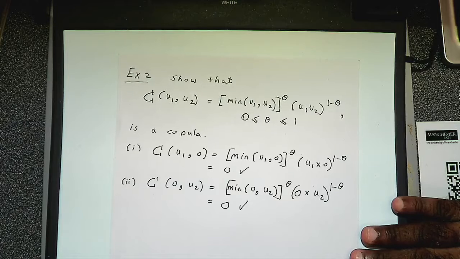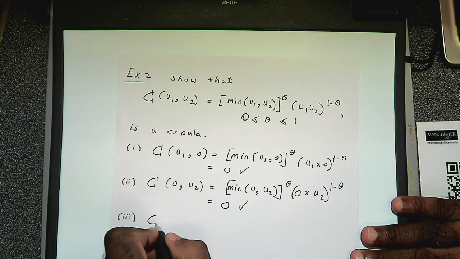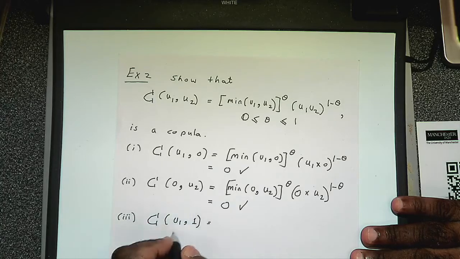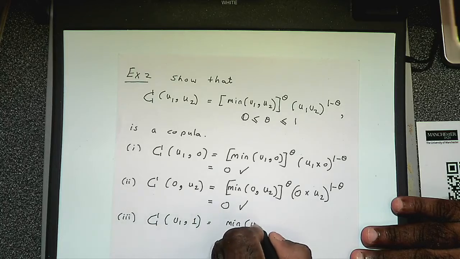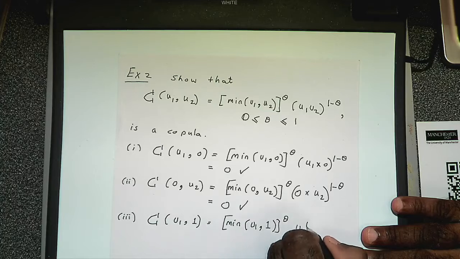All right. Property 3. You should put u2 equal to 1. You get the minimum of u1 comma 1, then 1 times u1 to the power 1 minus theta.